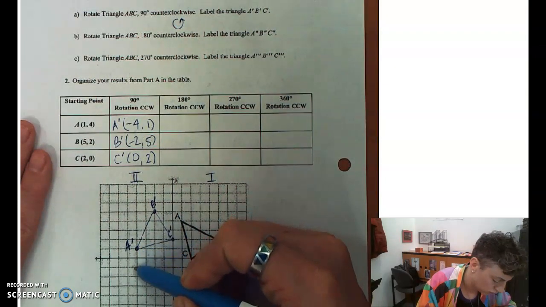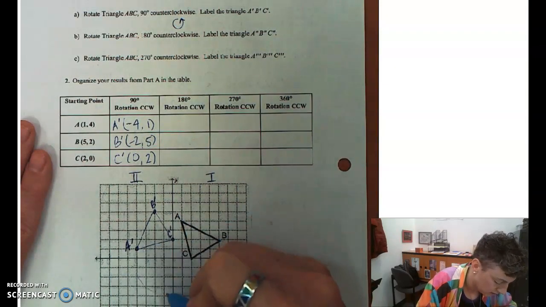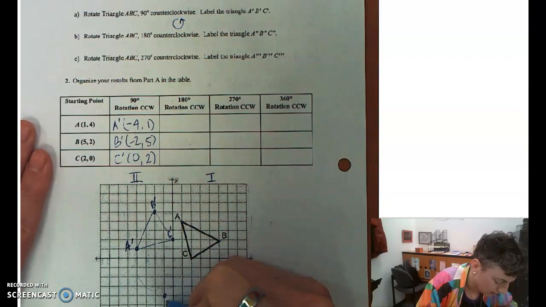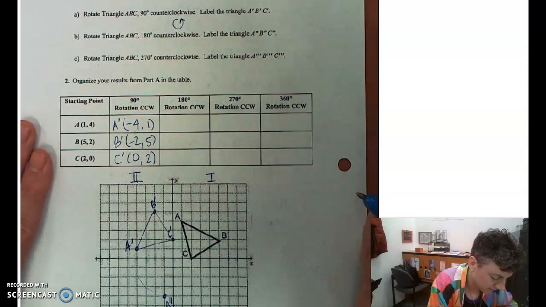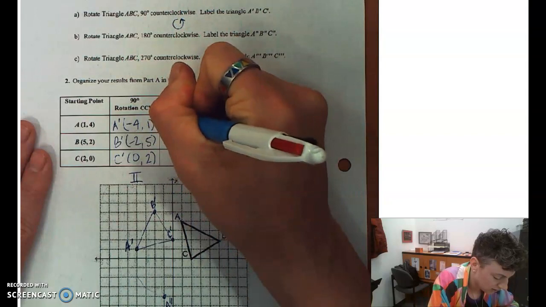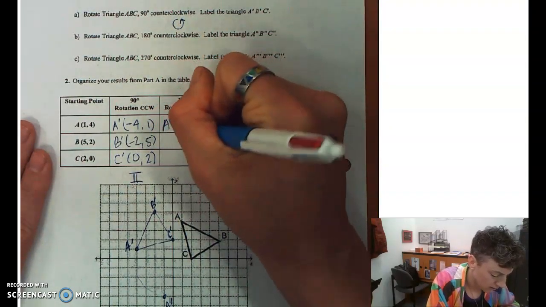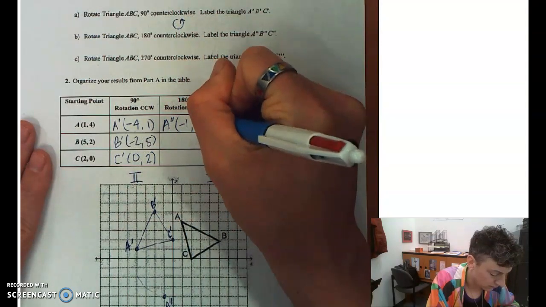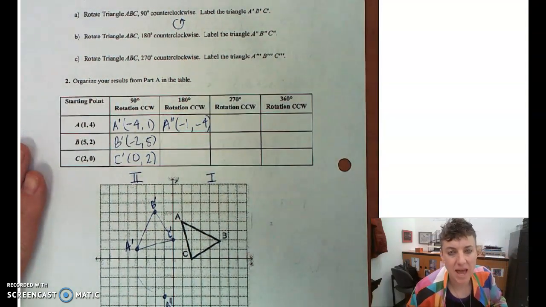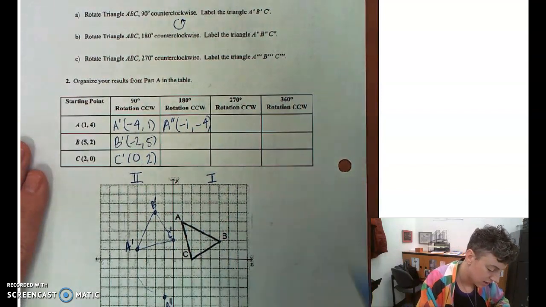And keep going. Over here now, A double prime is at -1, -4. Hopefully you're seeing a pattern because it's happening.